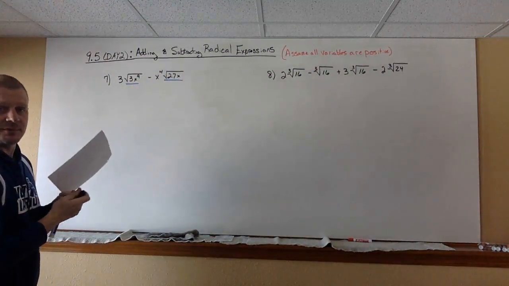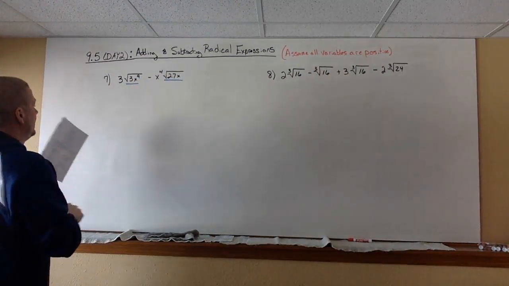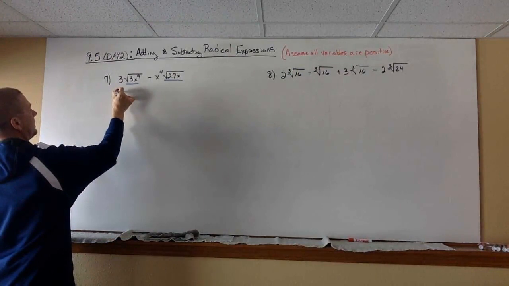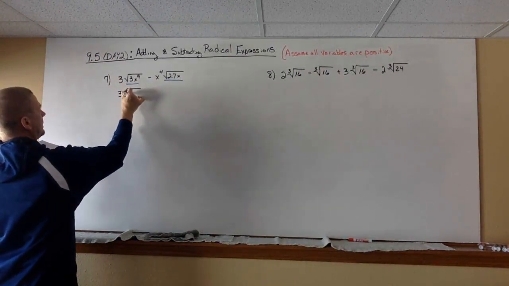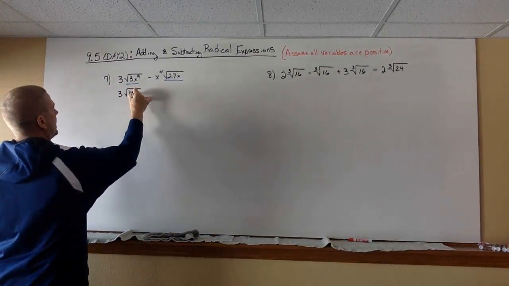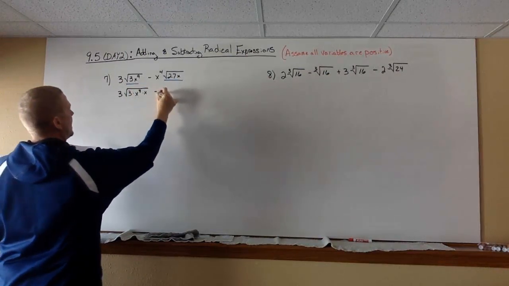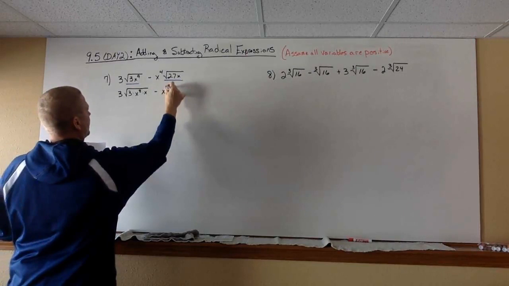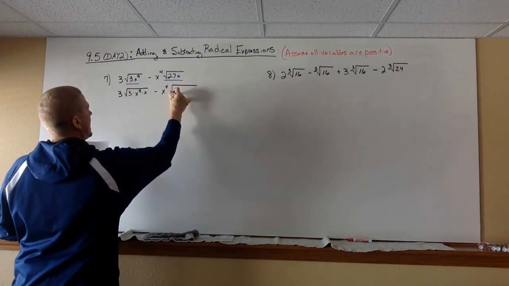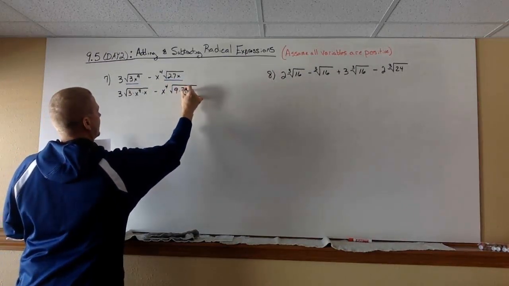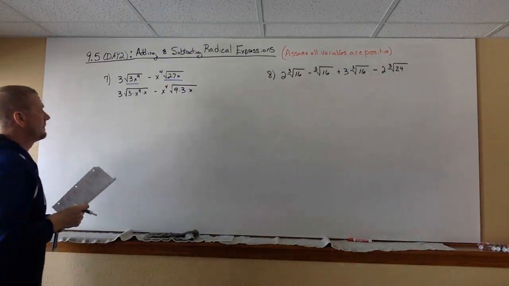So I need to simplify each radical first. Okay, so this is really 3 times, I'm going to call that x to the 8th times an x, minus x to the 4th, 27 is 9 times 3 times x in there yet.